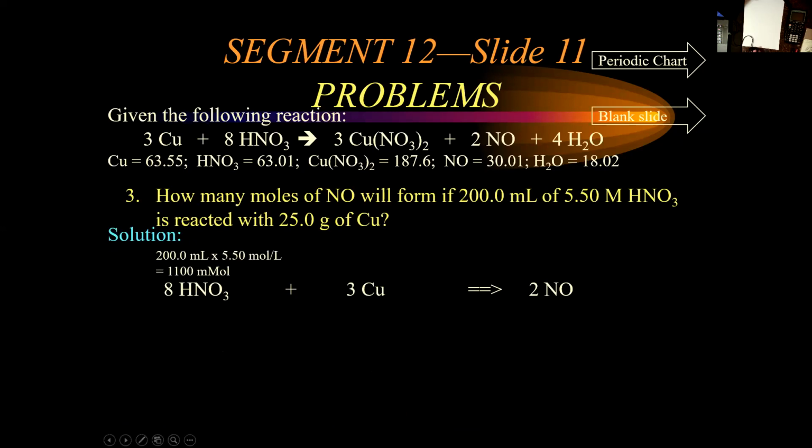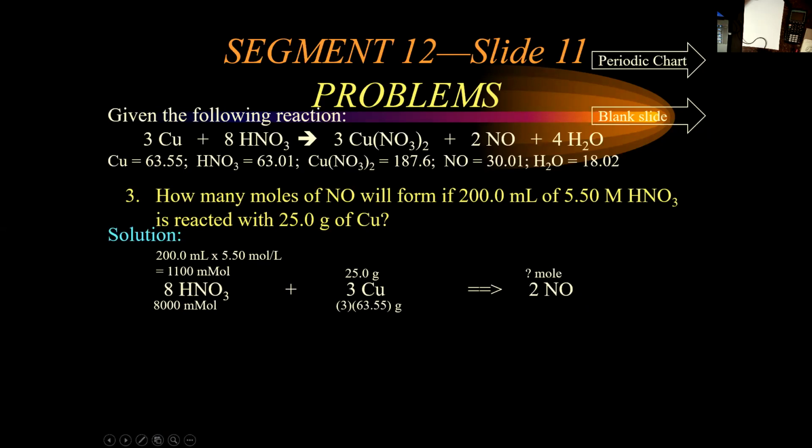So I've got 200 milliliters. 200 times 5.50 is 1,100 millimoles. The equation is showing 8,000 millimoles, 8 moles. It's got 25 grams of copper. The equation is showing 3 times 63.55, 3 moles, atomic weight's that.